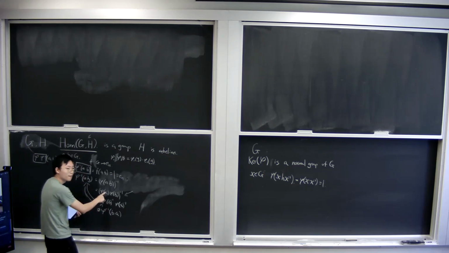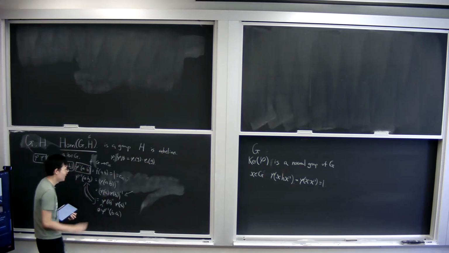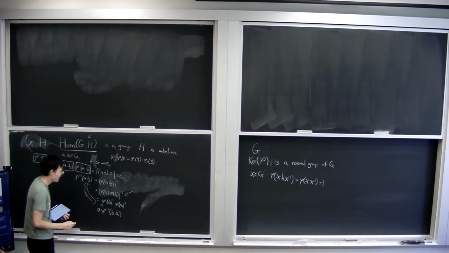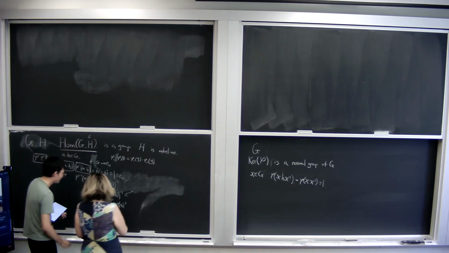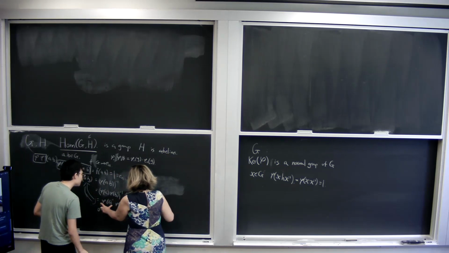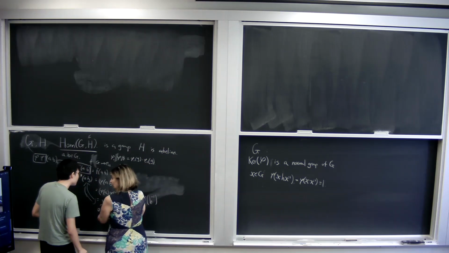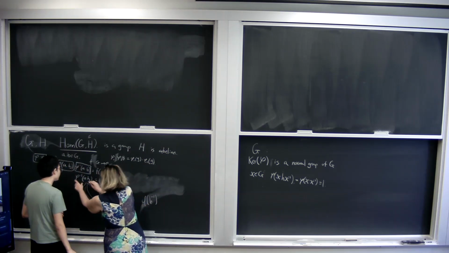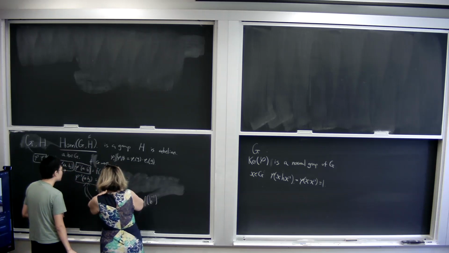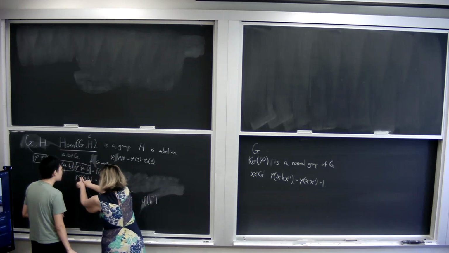The fact that it's a homomorphism would give you this one, not this one. What you are using is this property here that tells you that if you have the minus 1, you can bring it around phi.